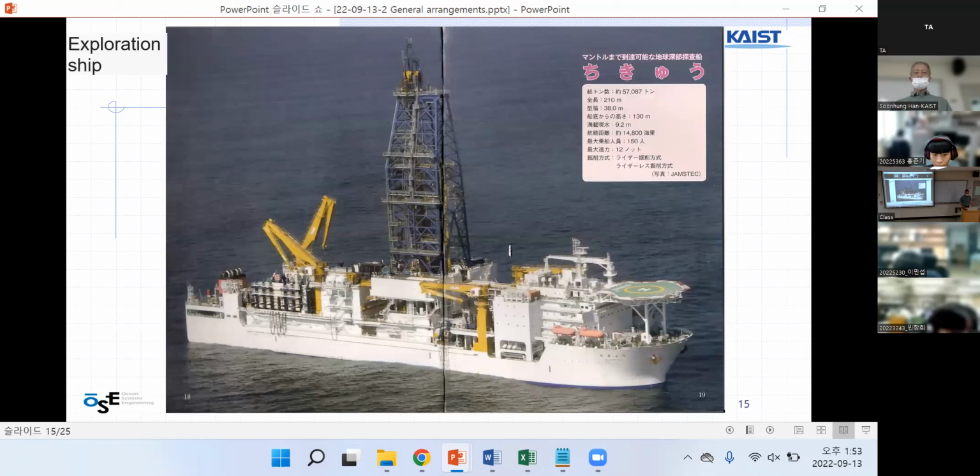Right, exploration ship. This is for exploring oil and gas reservoirs. They have a drill tower here, so the drilling pipe is going down into the seabed, with rotational power drilling. We call this a drill ship.